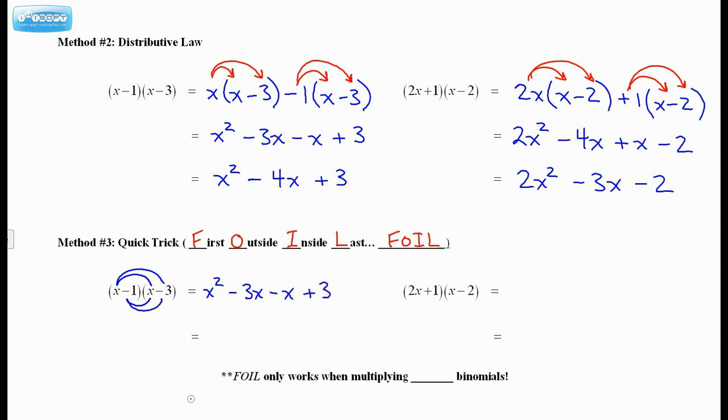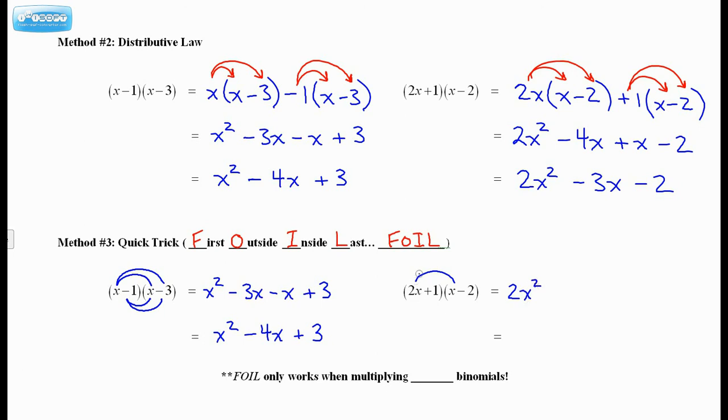Okay, and we actually have the exact same thing. Combine like terms. And there we go. We get the exact same answer. It just allowed us to skip this step here from method 2. So if you can remember FOIL, that just tells you which terms to multiply together, and then you combine them, and then you're done. Let's do another one. So FOIL: first.